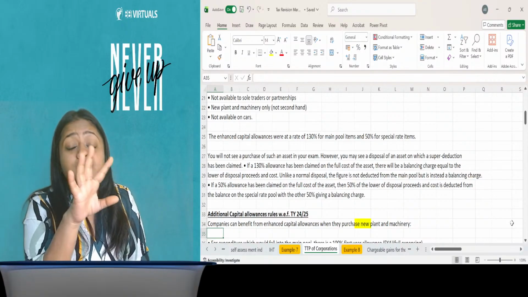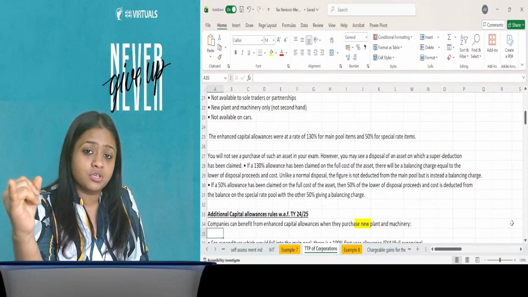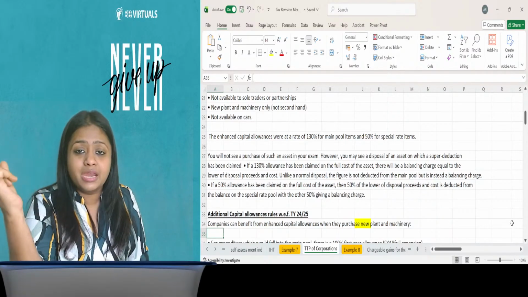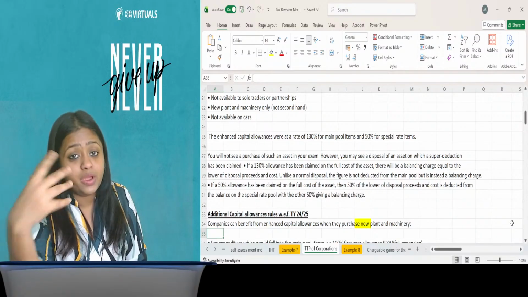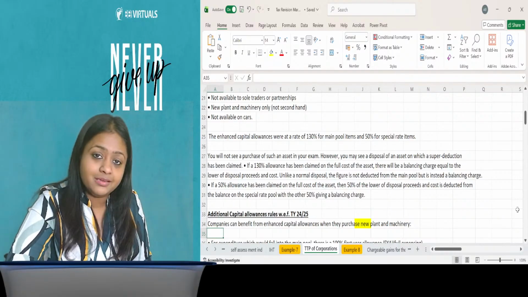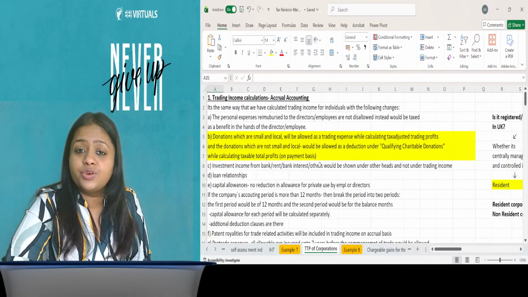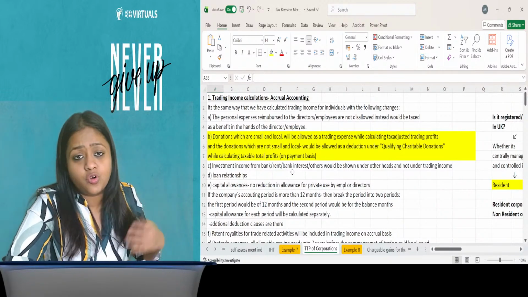Done and clear? That is the only new adjustment that you have for capital allowances: the disposal of those enhanced allowances that you took earlier, those assets being disposed of, and new enhanced allowances introduced for the current tax year. Done and clear? Great. Now we are done with trading income differences that you have for the corporation.